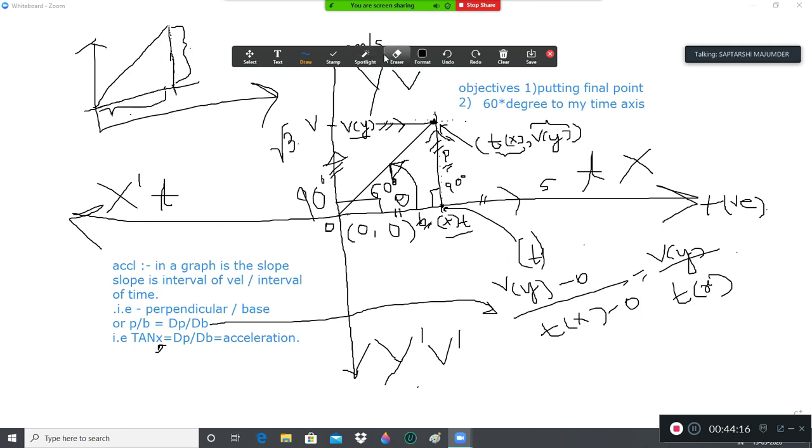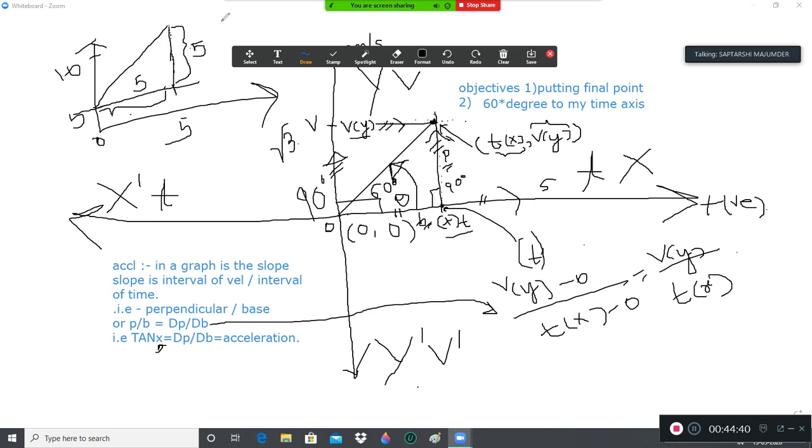Well understood. If this is 10, this is 5, this is 0, this is 5, then what is the value? This is nothing but 10 minus 5. I have explained how points equal to line, and that concept I have explained in this video. So go and recheck and hear it. So it's 5 by 5.